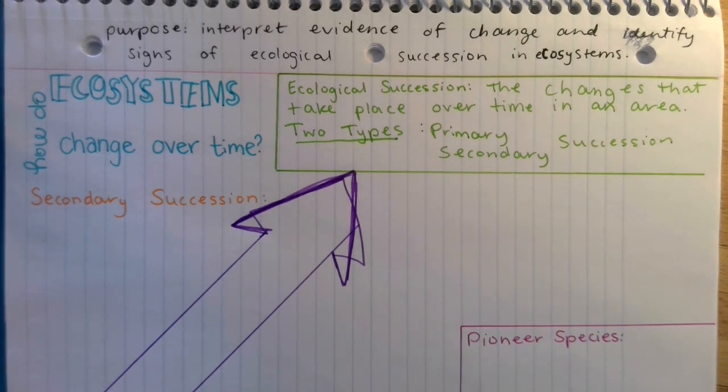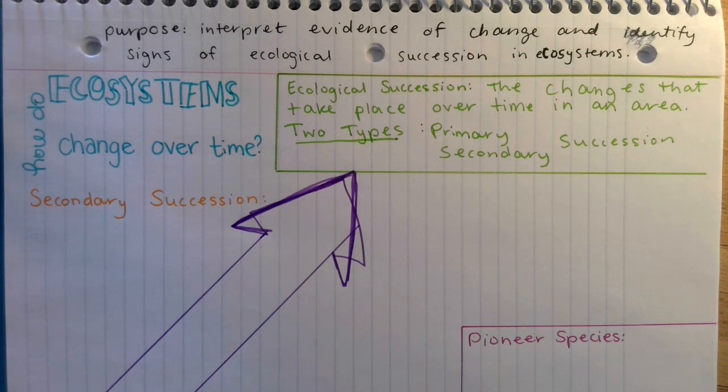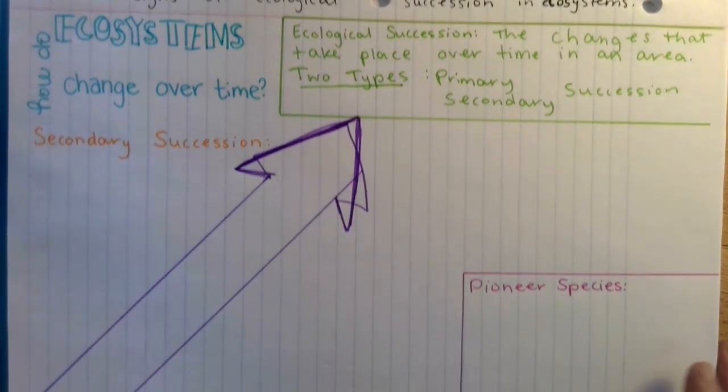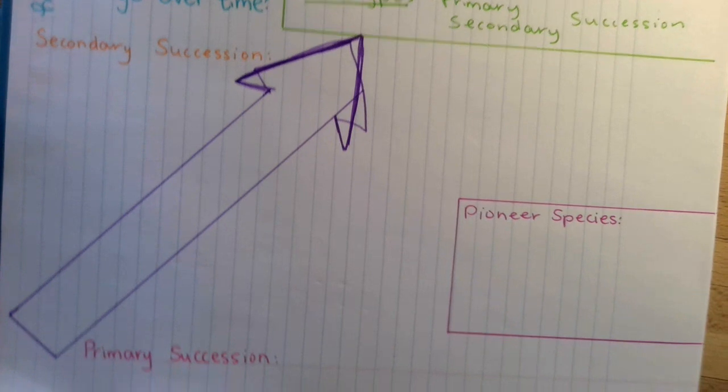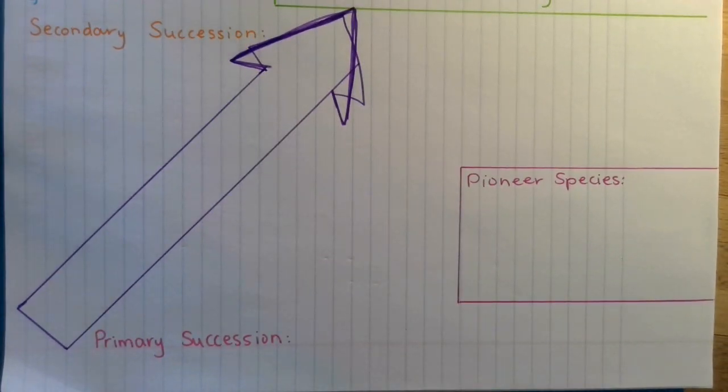Okay, so as you can see, my arrow kind of messed up. We're going to start way down at the bottom of this page. I'm hoping I left myself enough room with a definition for primary succession.